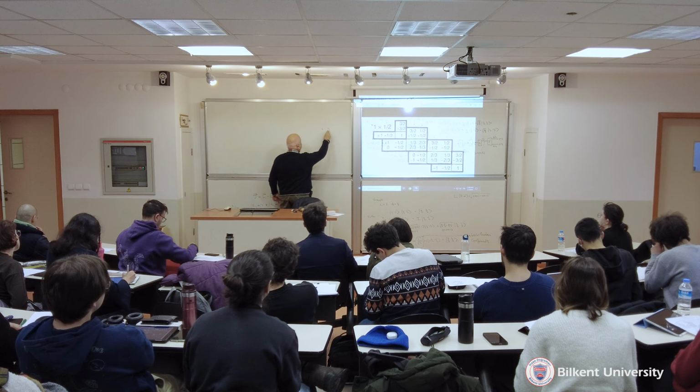So from the perspective of the electron, the nucleus is going around the electron, right? So it generates something like a current. So it's associated with some magnetic field.